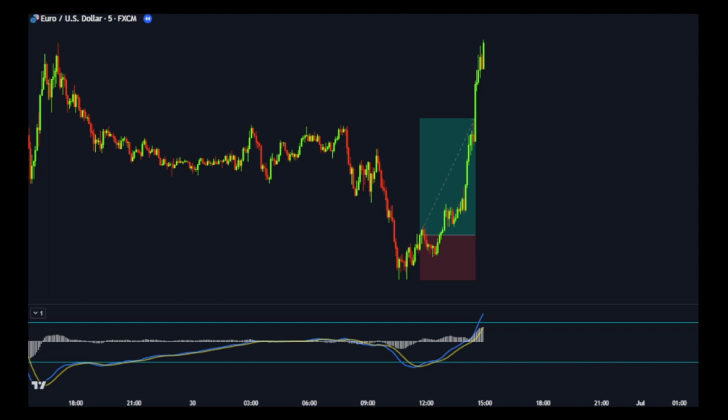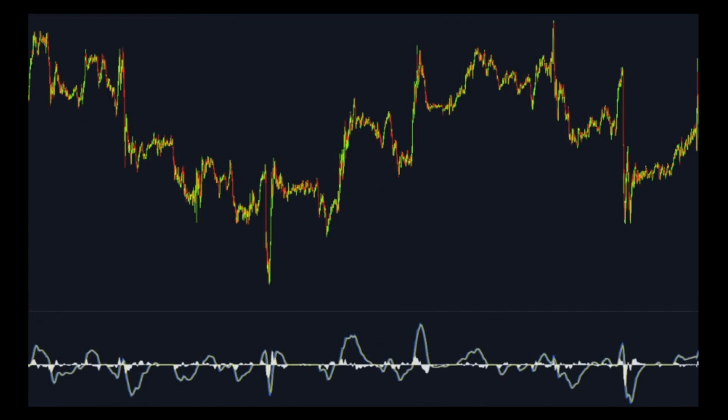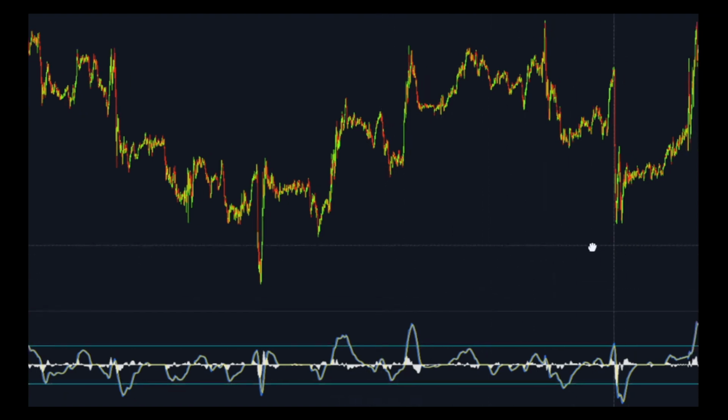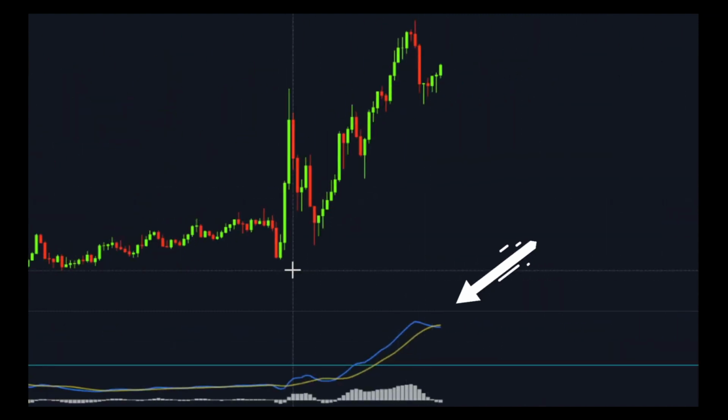Let's see one more example. We are now in gold with a 5-minute time frame, and we will draw the lines to know the oversold and overbought areas. Here we see that there is a bearish cross above the line that we have drawn on the indicator.